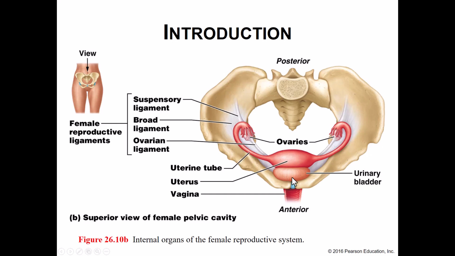The uterus sits on top of the urinary bladder, and here's the vagina coming out through the pelvis.